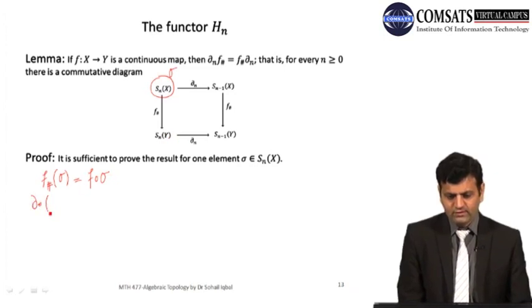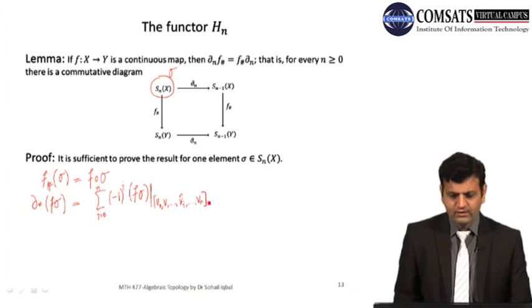The boundary of f composition sigma is equal to the sum from i equals 0 to n of minus 1 raised to power i, f sigma restricted to v0, v1, deleting vi, up to vn.